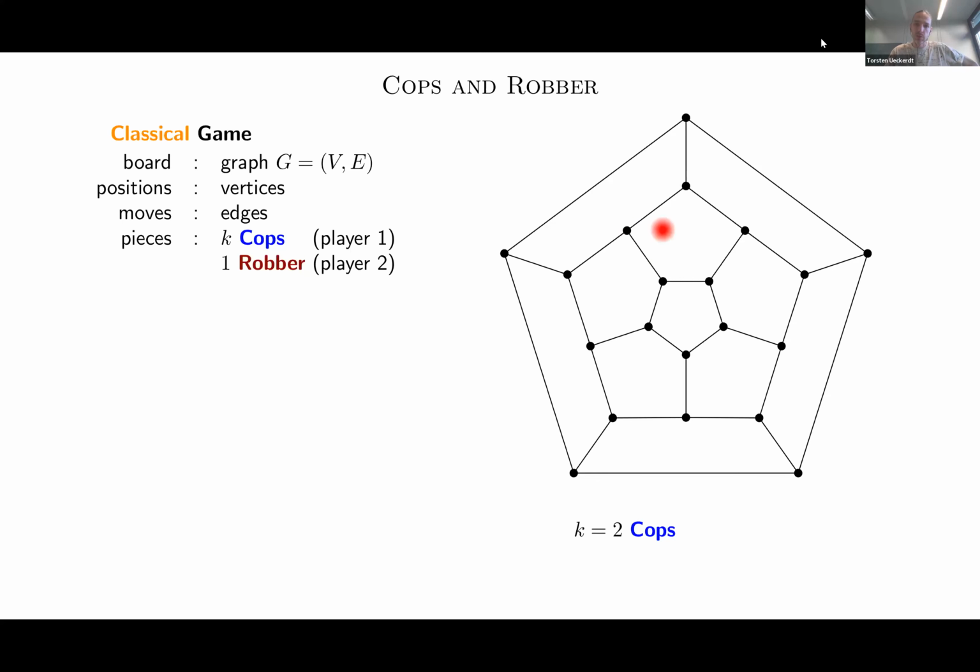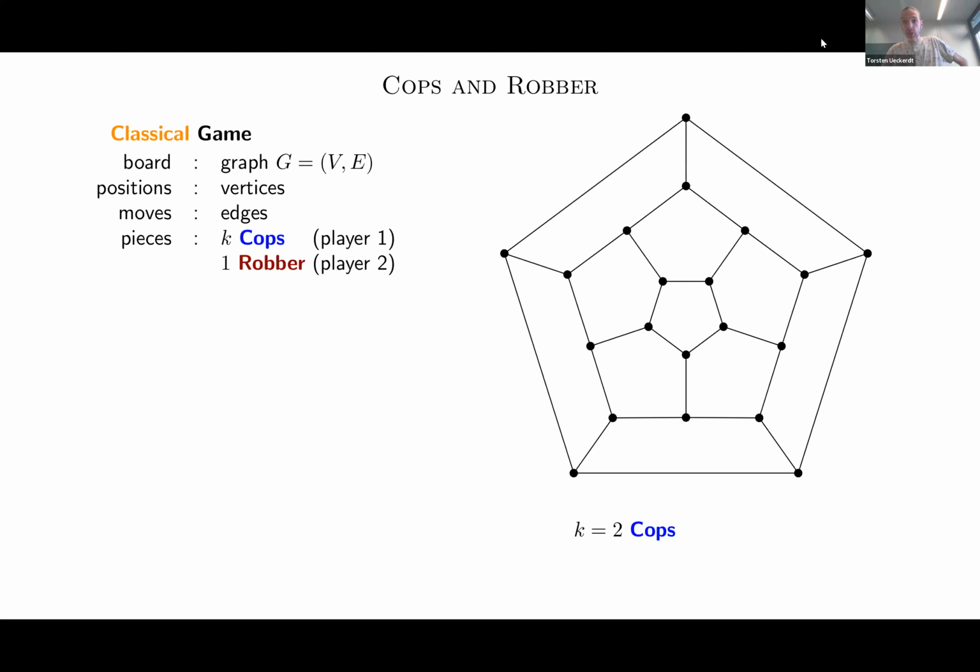So a piece may sit on a vertex at some point in time. Then you can move your pieces, and the allowed moves are the edges. It's like the vertices are the squares, and a possible move is an edge.